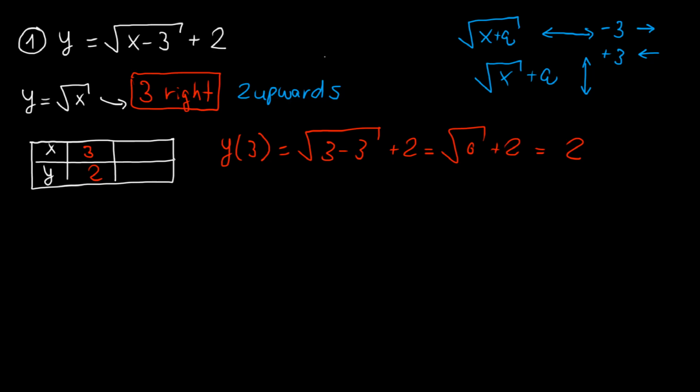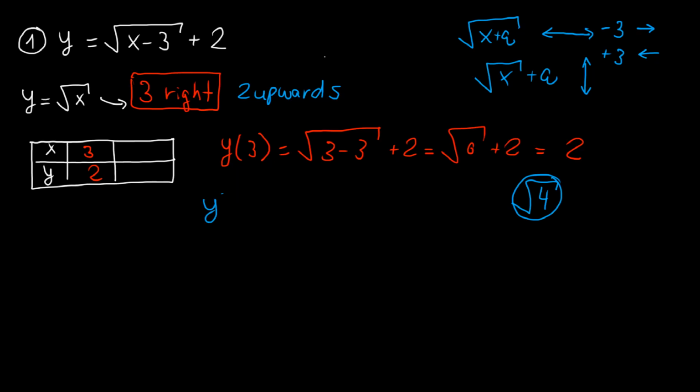Now for the second point, I really recommend plugging in a number that gives us a nice square root. So for example, what number can we plug in in order to get the square root of 4? That number is 7.